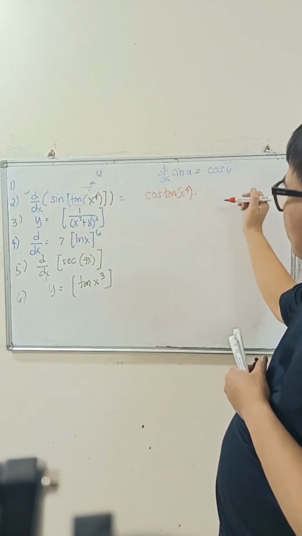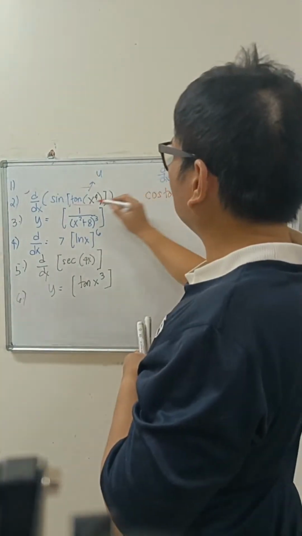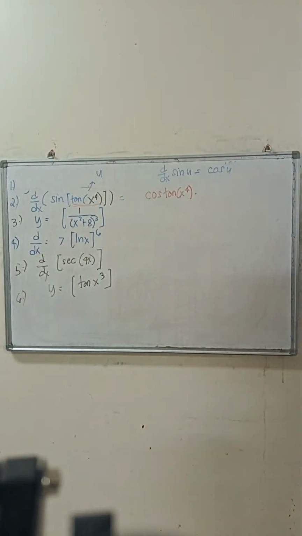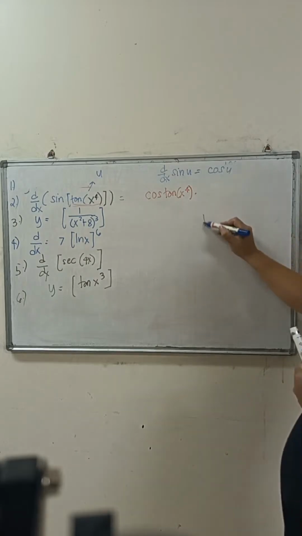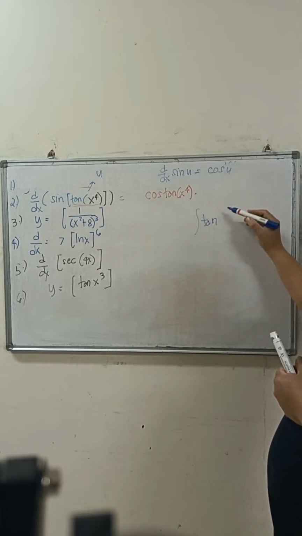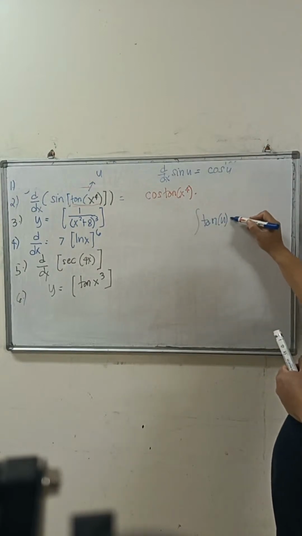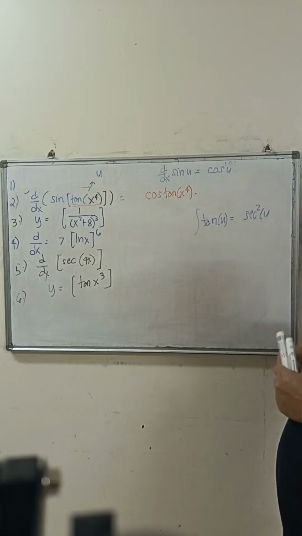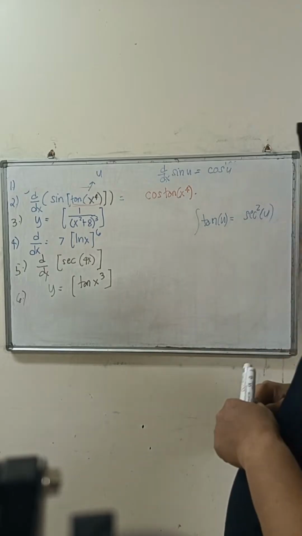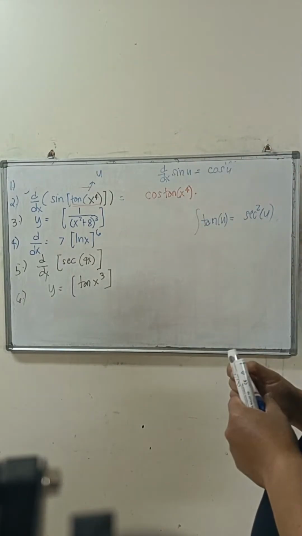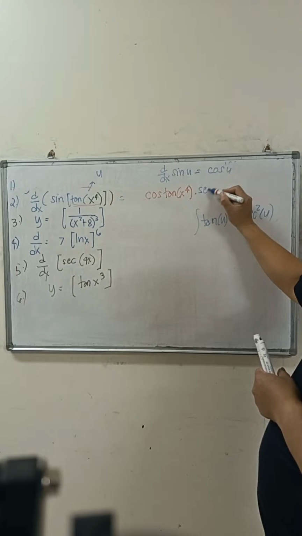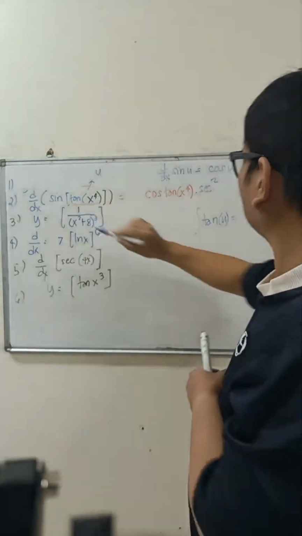And then the derivative of the u, which is tangent of x to the 4th. What is the derivative of tangent u? Tangent u is equal to secant squared u. So that is secant squared of x to the 4th.